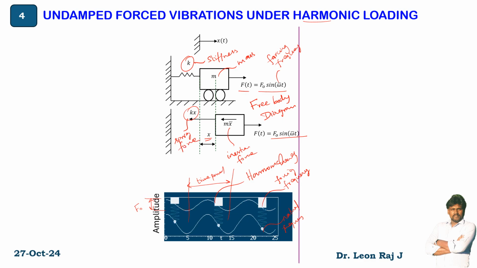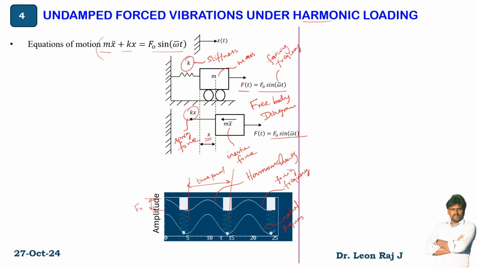The spring force and inertia force act in the direction opposite to the motion, and the external force F0 sin omega bar t acts along the direction of the motion. The equation of motion is m x double dot plus kx equal to F0 sin omega bar t. This is the inertia force, kx is the spring force, and this is the forcing function.